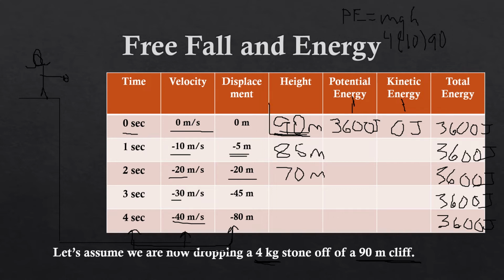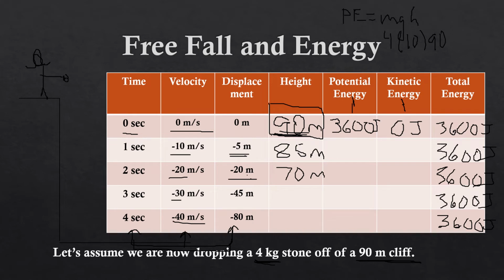You are starting off at 90. The definition of displacement is the difference from where you start to where you end. So this -5 is from 90. The -20 is from 90. Don't do 85 minus 20. That will not give you the height because displacement is from starting to ending.